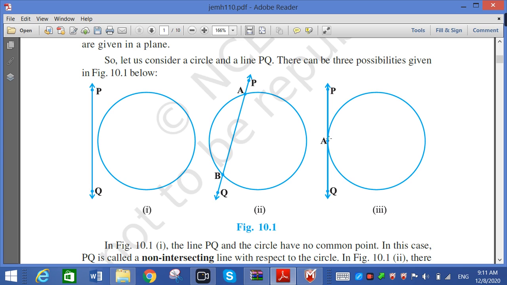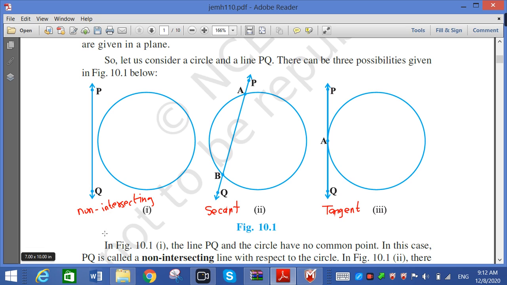When a line touches the circle at 1 point, we say tangent. When a line intersects the circle at two points, we say secant. Here we say non-intersecting line, where the line does not intersect.